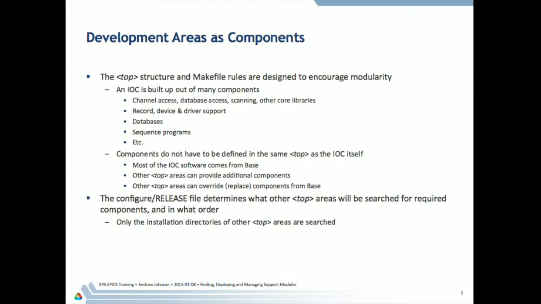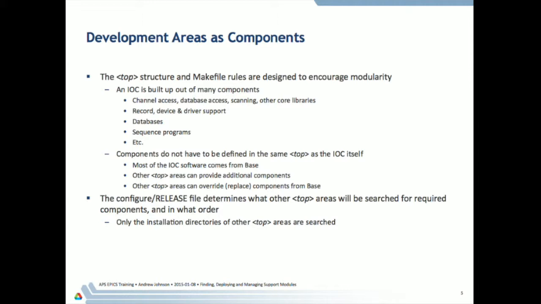The individual configure release file for the application that you're actually building determines what other areas are going to be searched for the components that we're making use of, and also, importantly, in which order that search happens. Usually it will search those areas, and the first one it finds is the one it takes.